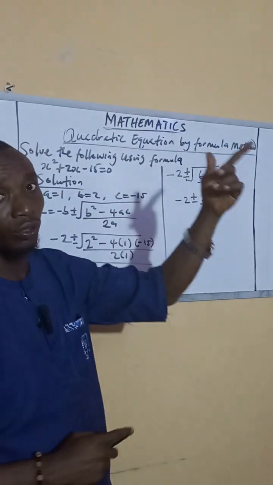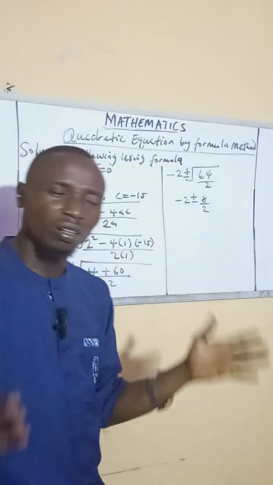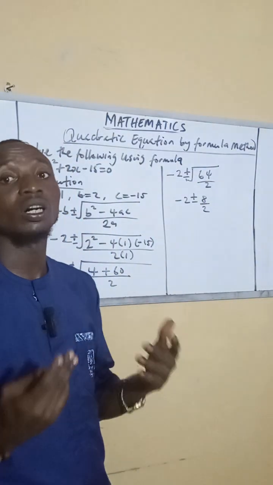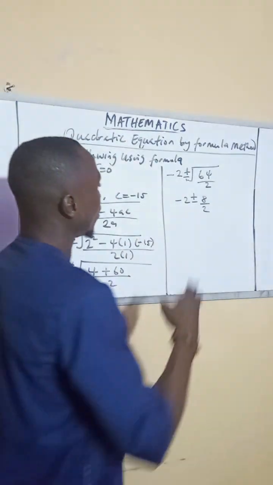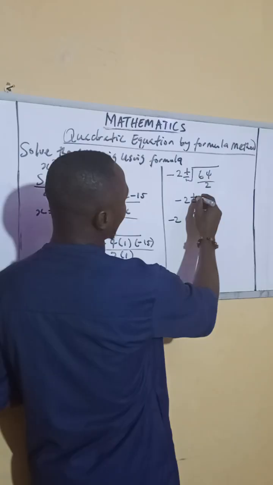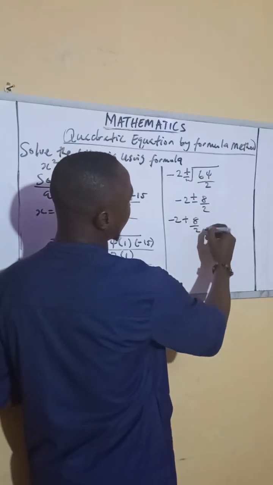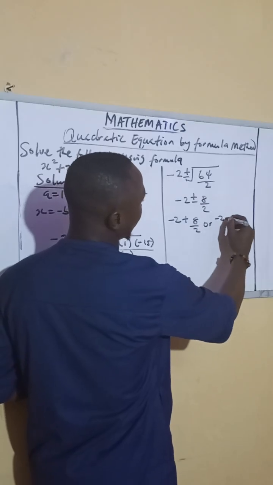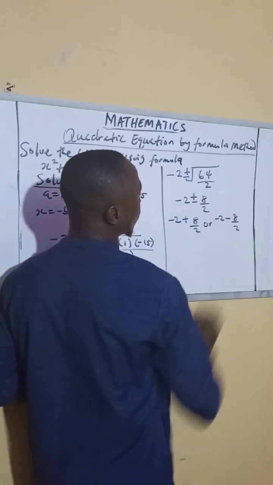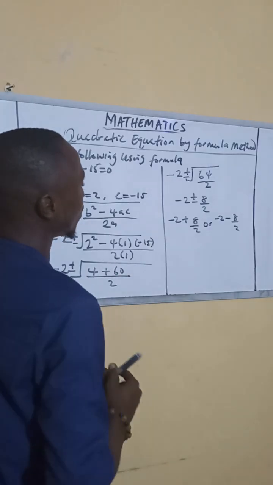Now, since we have this, the effect of plus and minus will now reflect on this. We pick out the plus first, then the minus next. We are dealing with a quadratic equation, and a quadratic equation always has two answers. That is why we have plus and minus. Let's effect it. We say minus 2 plus 8 all over 2, or minus 2 minus 8 over 2.